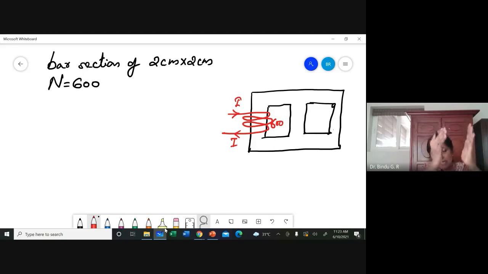Left limb means the leftmost vertical portion, or left arm.